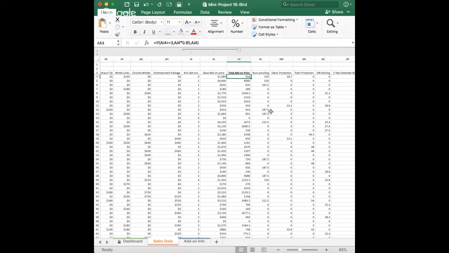Okay, let me get back. So crap, I gotta totally revamp some stuff. Okay. So number of add-ons equals sum.